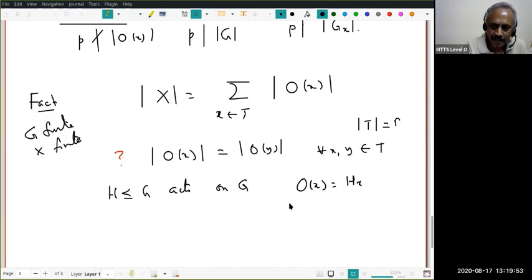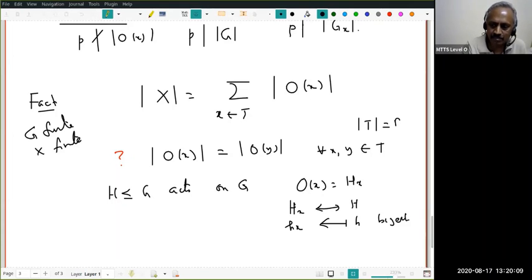And each right coset is in bijective correspondence with H, namely H going to H times X. This is a bijection. So each of the orbits has the same number of elements.